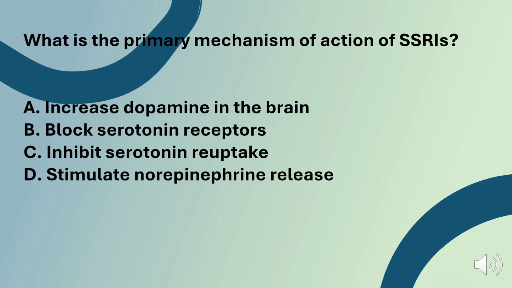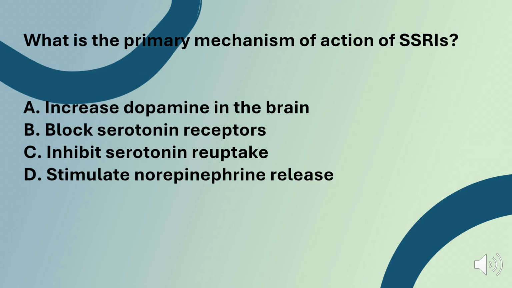So what do we talk about when we say selective serotonin reuptake inhibitors? Let's start with just the basics. SSRIs work by inhibiting the reuptake of serotonin, which increases serotonin levels in the synaptic cleft.